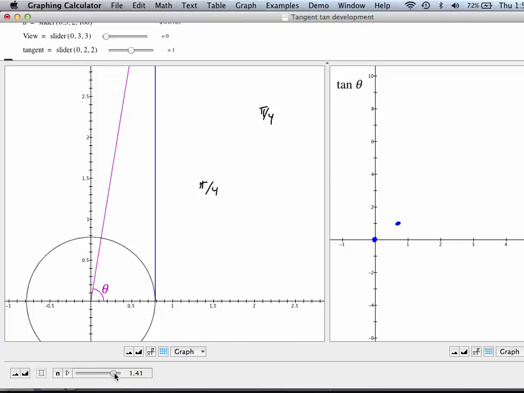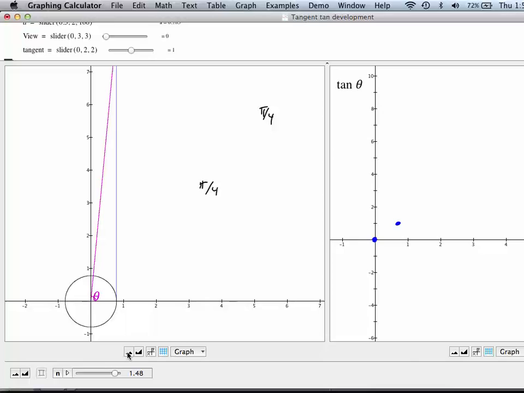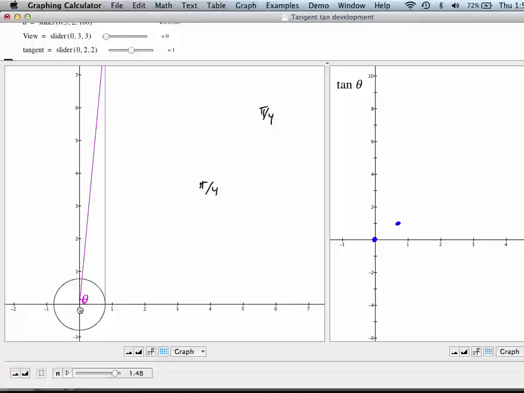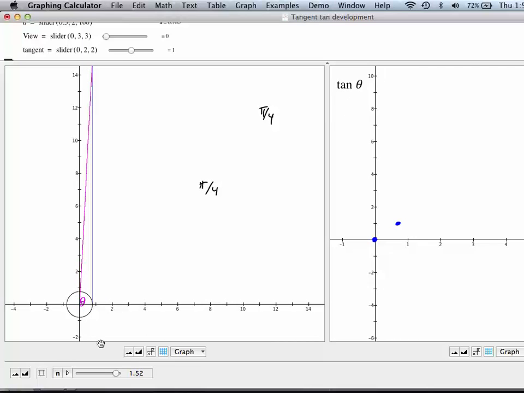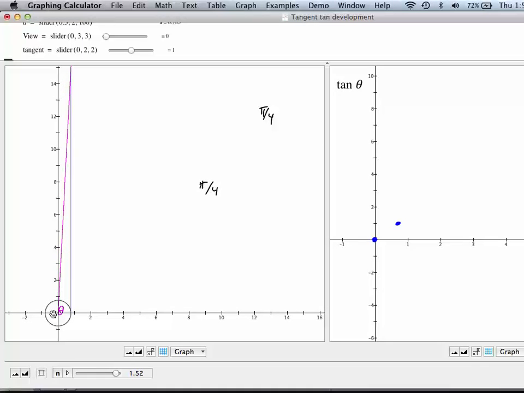And I'm going to go even closer to pi over 2. So I'll zoom out some more. So what happens as we get close to pi over 2? What happens to this quantity that we're investigating? Yeah, it increases. It just keeps increasing, so that I have to keep shrinking the circle to even see it. So here it's something like 20. So it'd be something like 20 of these radii to get up there. But I could increase it even more.